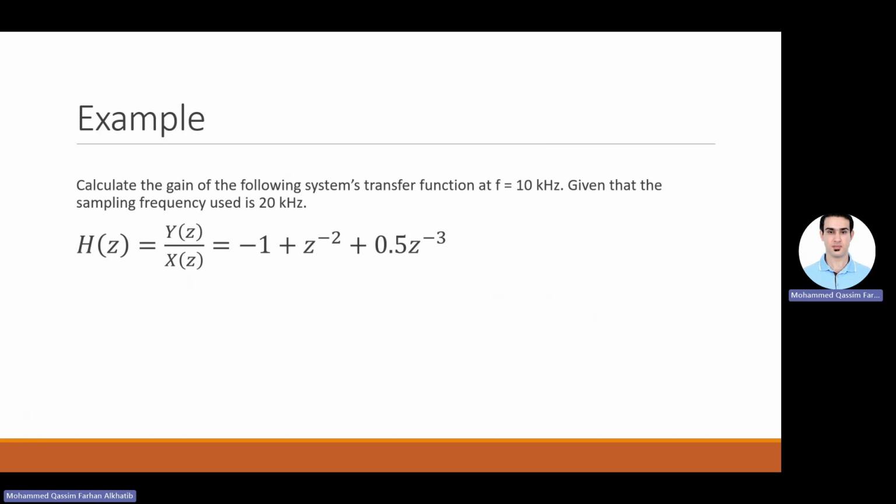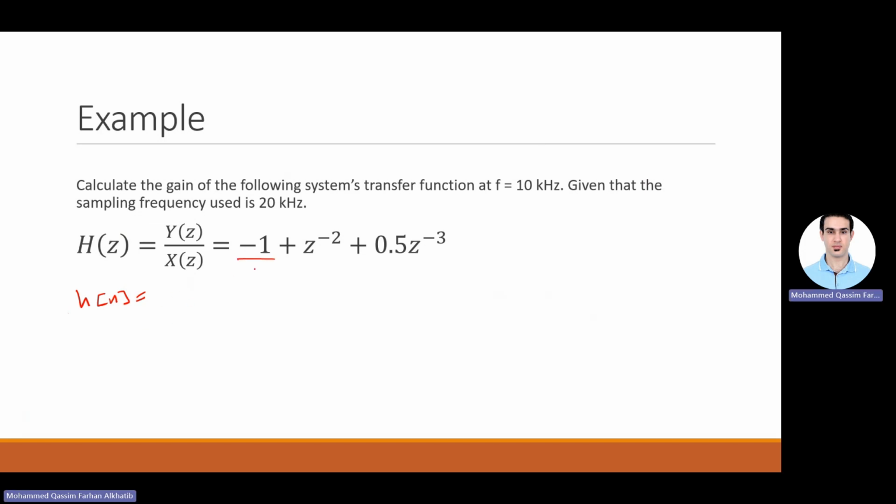If I want to represent it in terms of impulse response, what will be the impulse response h of n? This question could be given in terms of h of n or h of z. If I want to represent it by h of n with deltas, what will be the h of n here?